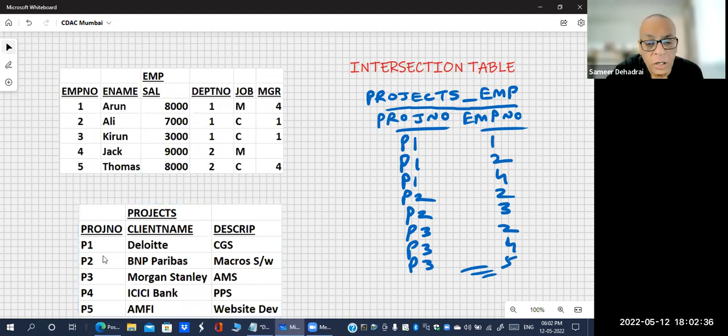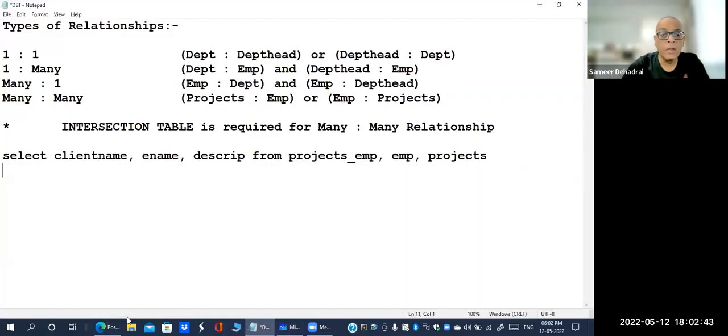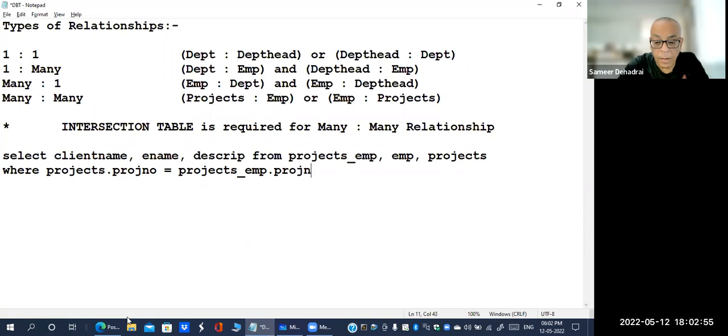But if you need to join 3 tables, select count star. And this is my condition where projects dot project number equal to projects underscore EMP dot project number and EMP dot EMPNO equal to projects underscore EMP dot EMPNO.